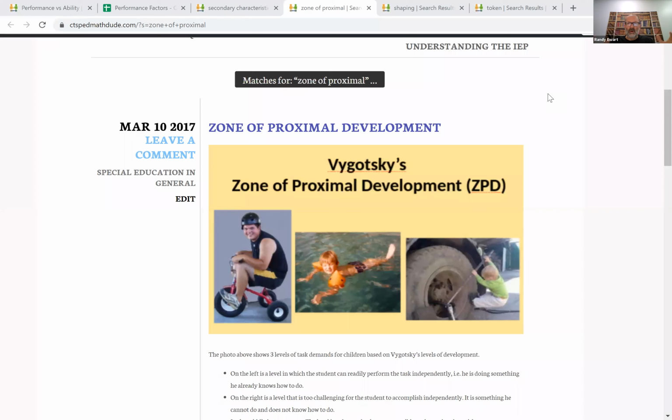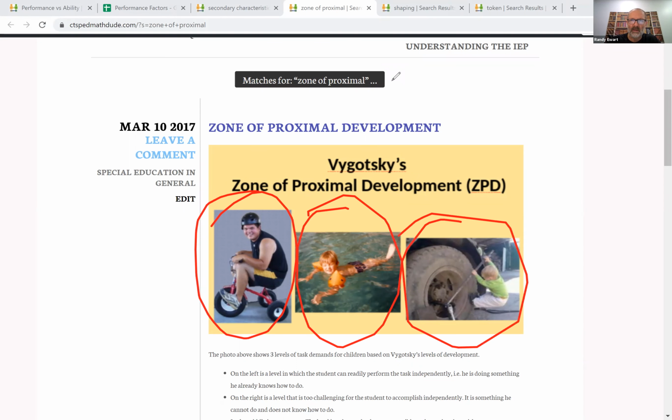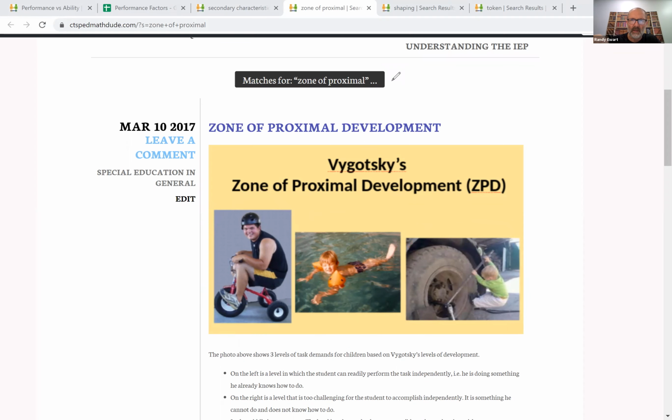I want to unpack this a little bit more. The ideal learning occurs in what Vygotsky, an educational psychologist, coined as the zone of proximal development. So here's what we mean by the zone of proximal development. Think of learning as a spectrum, or scale, I should say, with three areas.